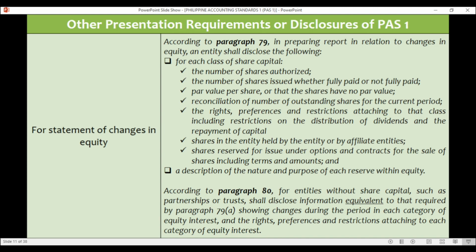For example, if the ownership in a share capital entity is presented in a manner of share capital, then in the partnership it should relate to the changes in the partners' capital accounts. Or any other liquidation of capital, or withdrawal, its equivalent in the partnership is the drawings or the withdrawal of the partners.